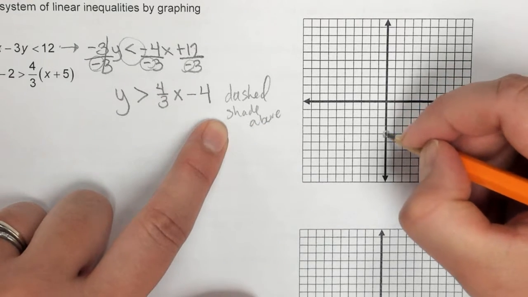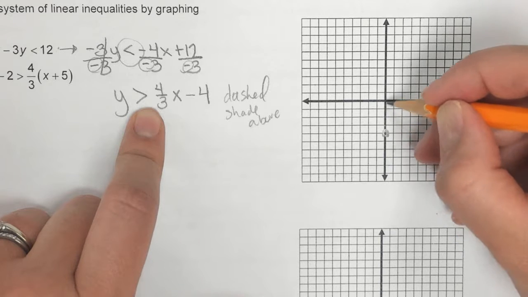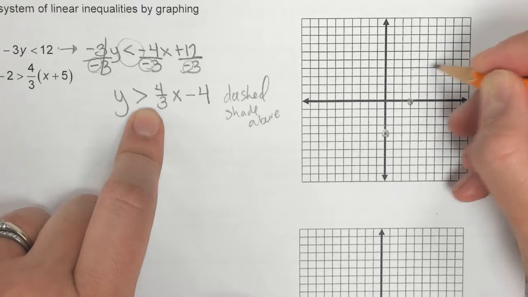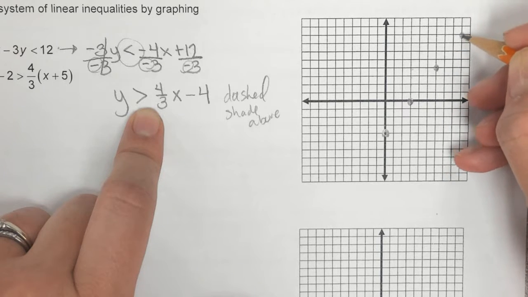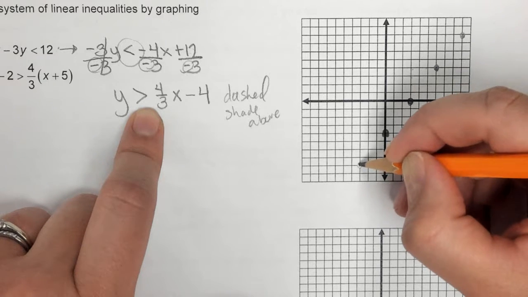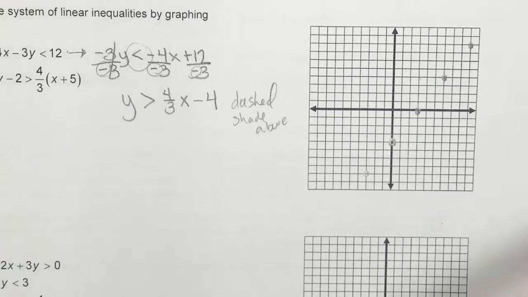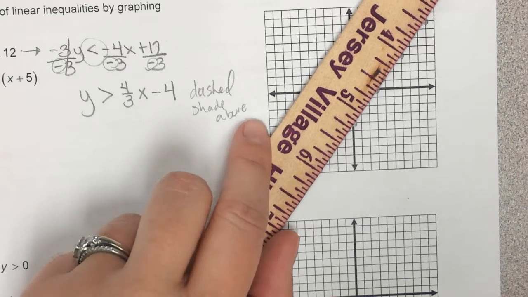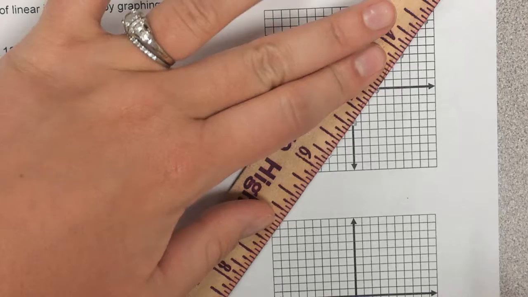Negative 4, y-intercept, up 4, right 3. Okay, and then dash line.